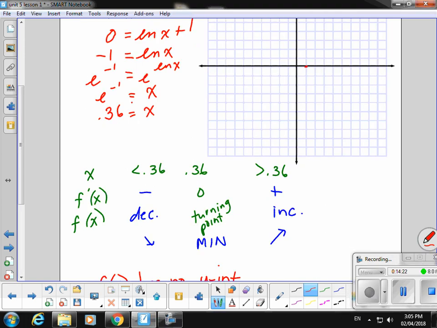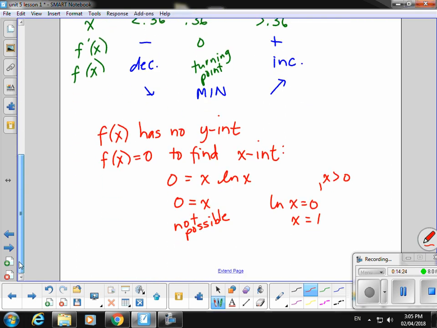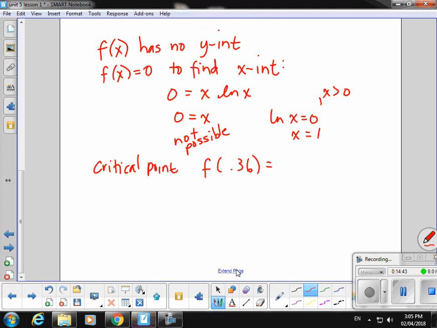All right then. Let's find a specific value for our critical point. Okay. I have negative 0.368.